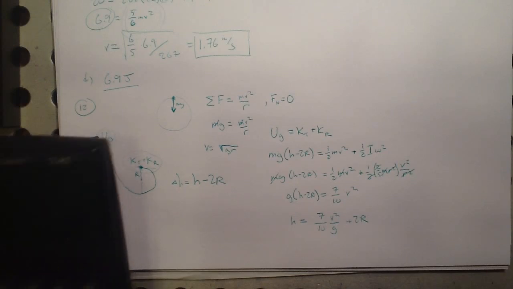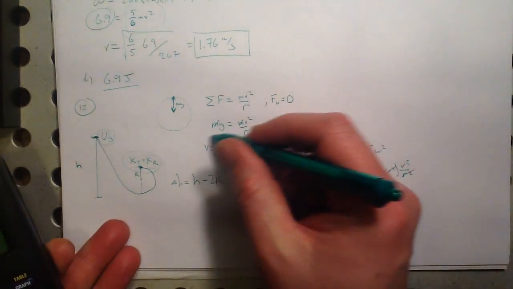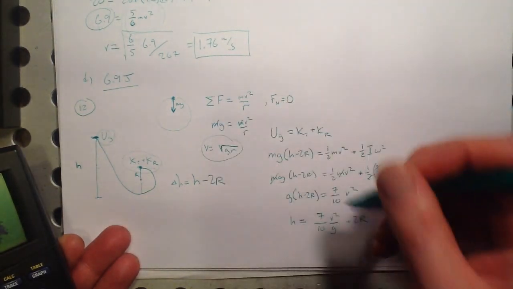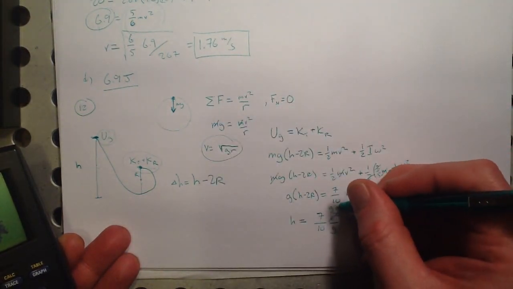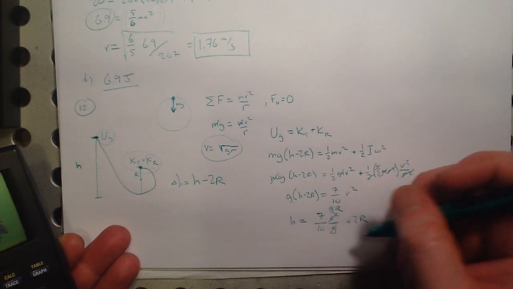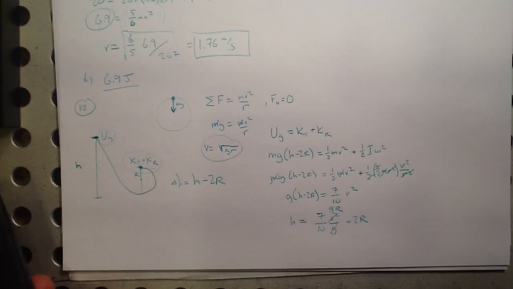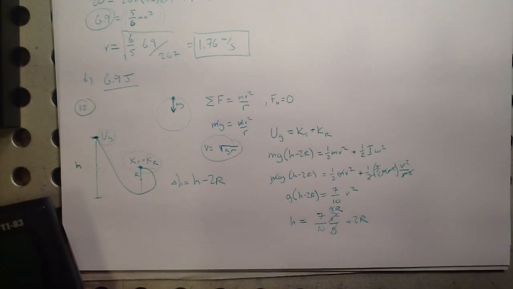Oh, and you know what? I forgot to make that substitution because I can do that. So v squared would be equal to gr, and then the g's would cancel out. So actually I have 7/10 r plus 2r, right? So 2.7 r.